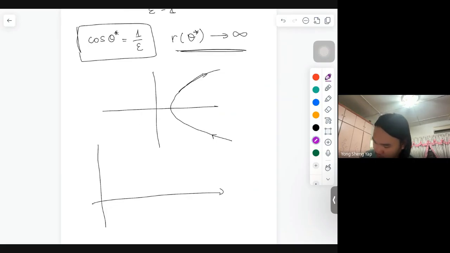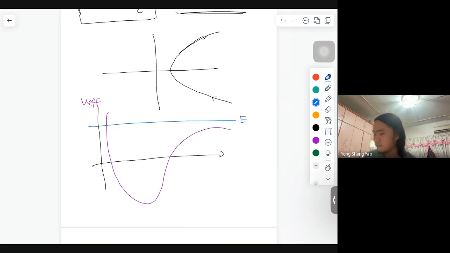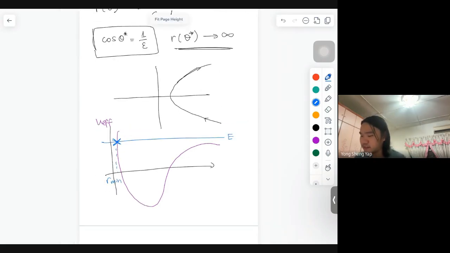I won't prove it here, but it's a hyperbola, and this is because there's a regime where the effective potential can look something like this, and then the energy of the particle intersects the effective potential at only one point. So it does have an r min, but there is no r max.